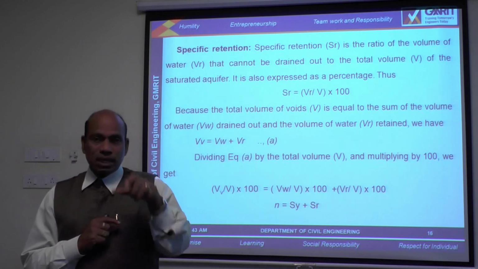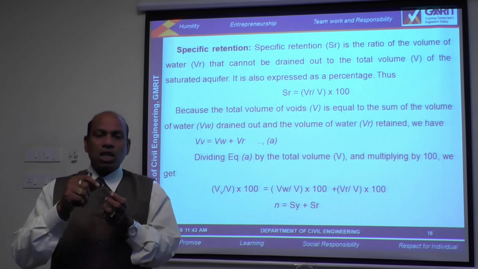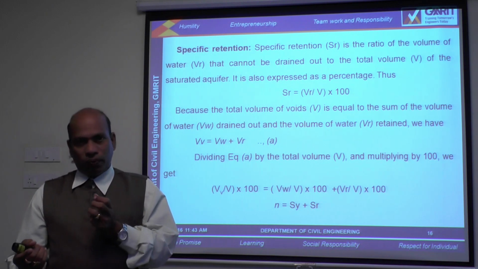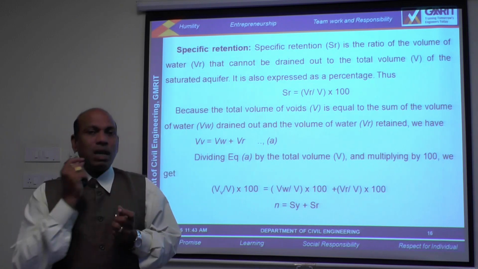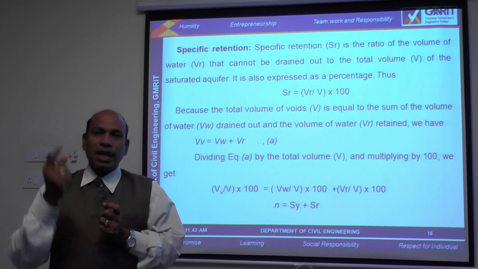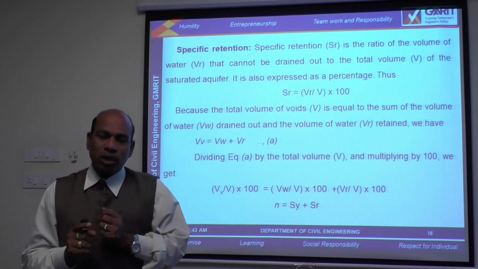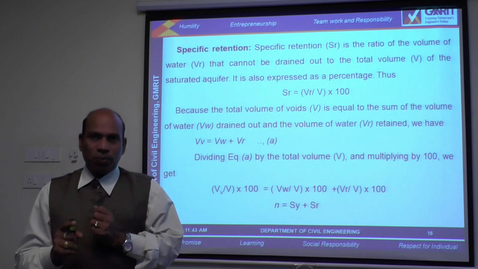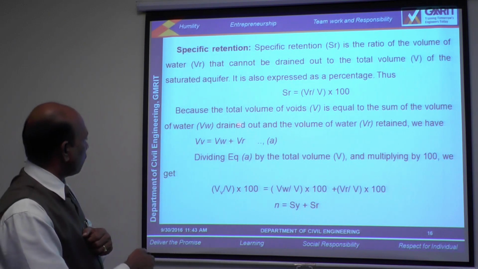The volume of voids has two parts: the volume of water passing through the aquifer, denoted by VW, and the volume of water retained in the aquifer, denoted by VR. That means VV equals VR plus VW.